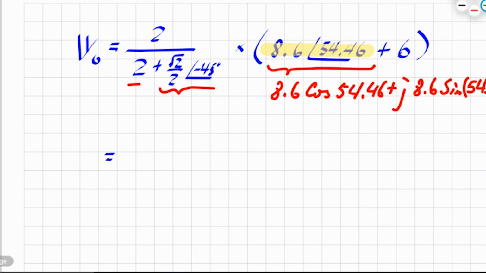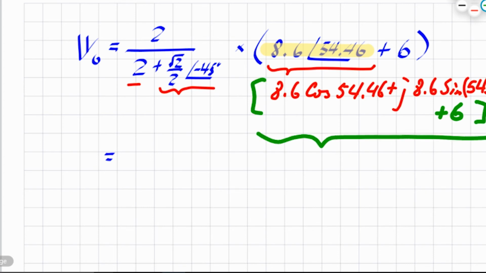So now let's finish that up. We're going to add the 6 here, the whole thing here. That gives us 13.03, and the phase angle is 32.47.